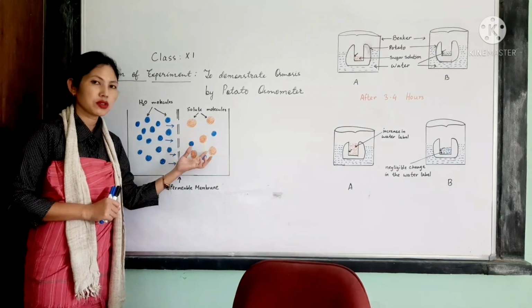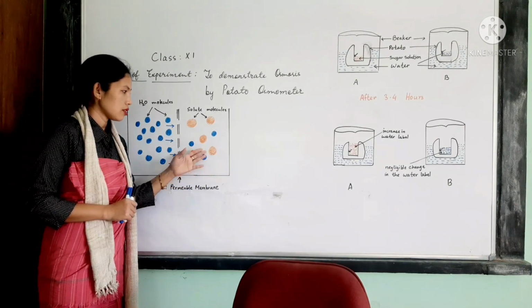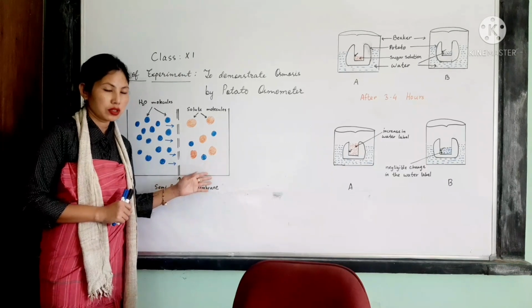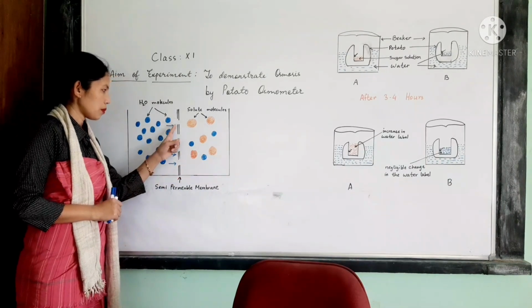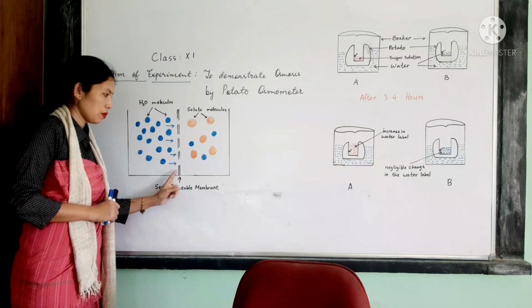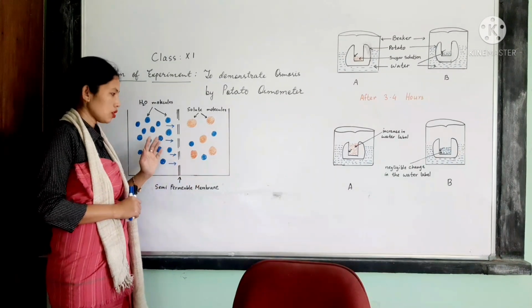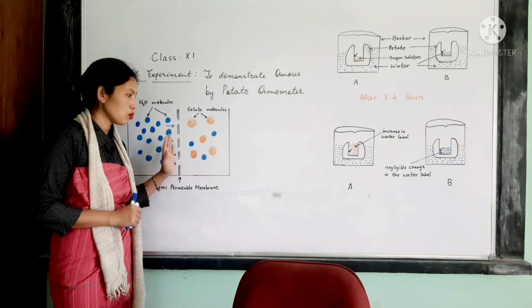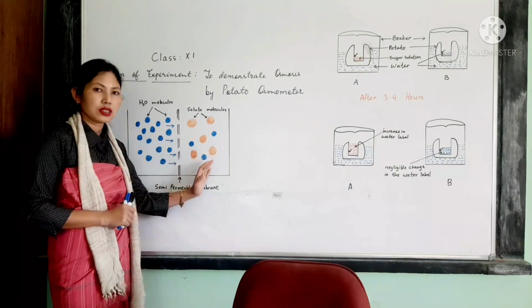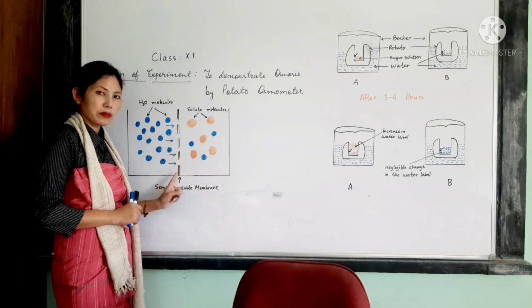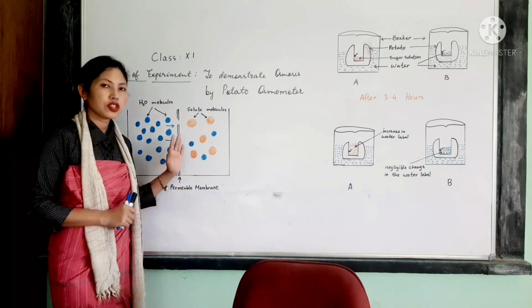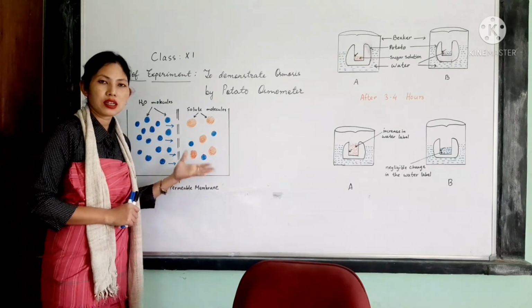Here the solute molecules are more, so you can see that it is a hypertonic solution. These two solutions are separated by a semi-permeable membrane, right? In this condition, the water molecule is likely to move from this side to this side through this membrane, right? So it will continue to move until it reaches equilibrium.